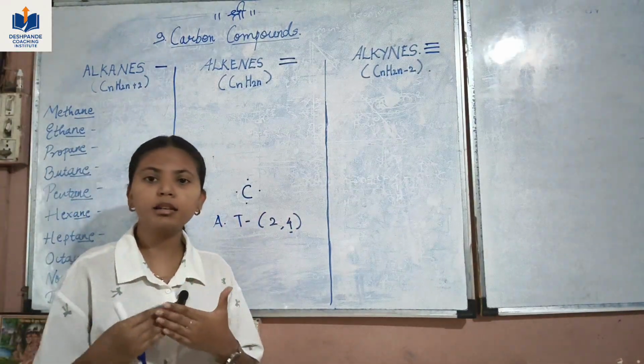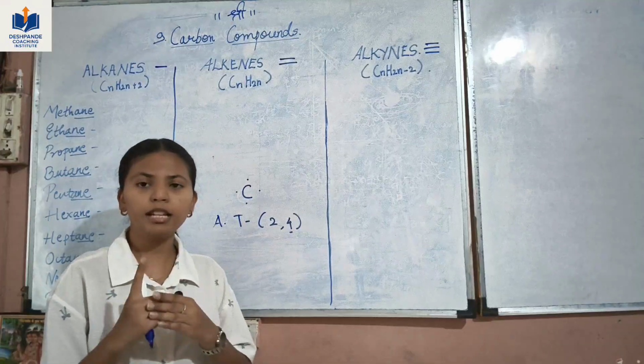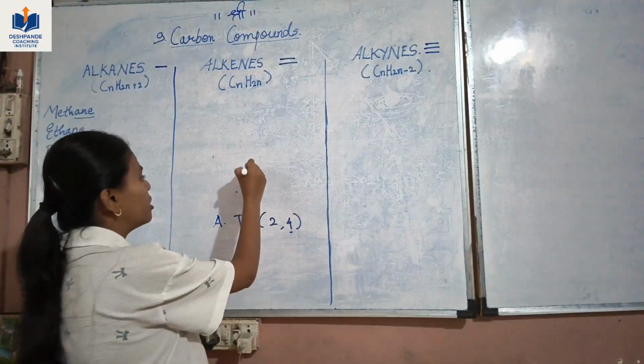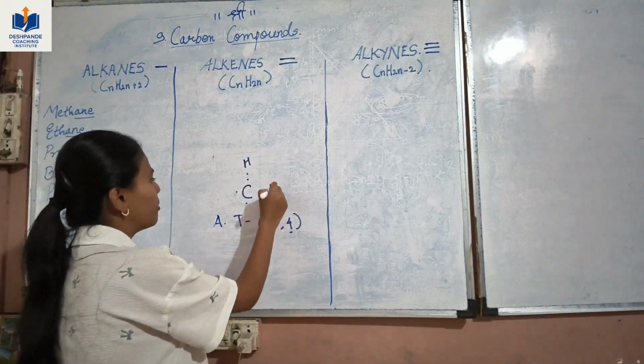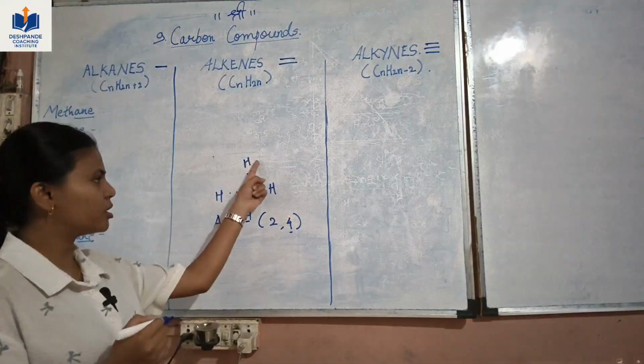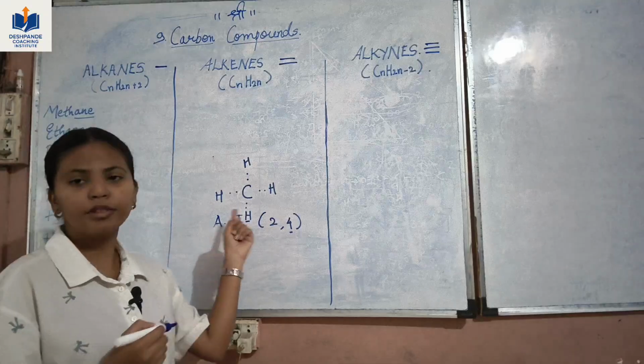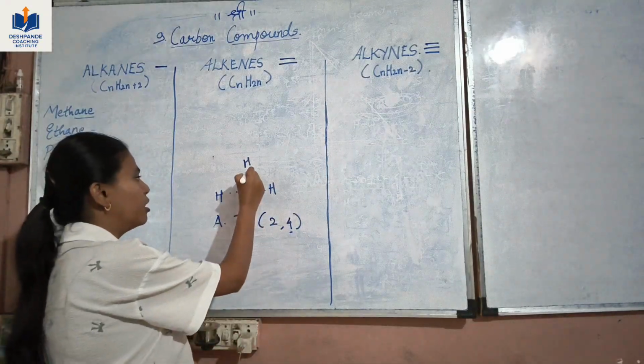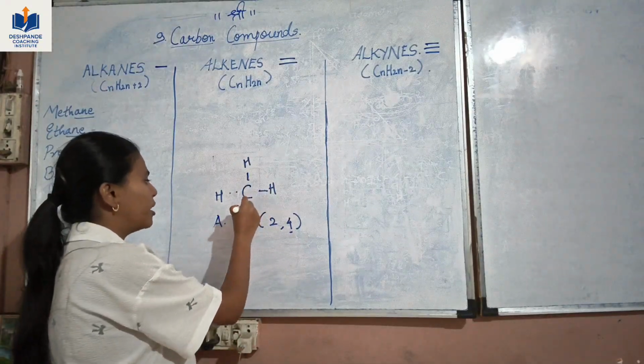Hydrogen is very reactive as it has only 1 electron, so hydrogen shares its electron. 4 hydrogens share their 1 electron with carbon and they form bonds. 2 electrons form a bond.